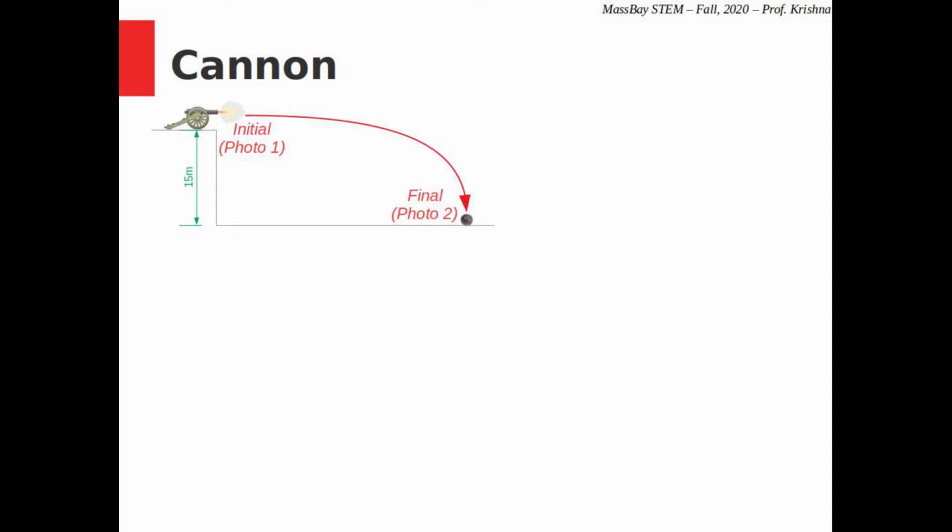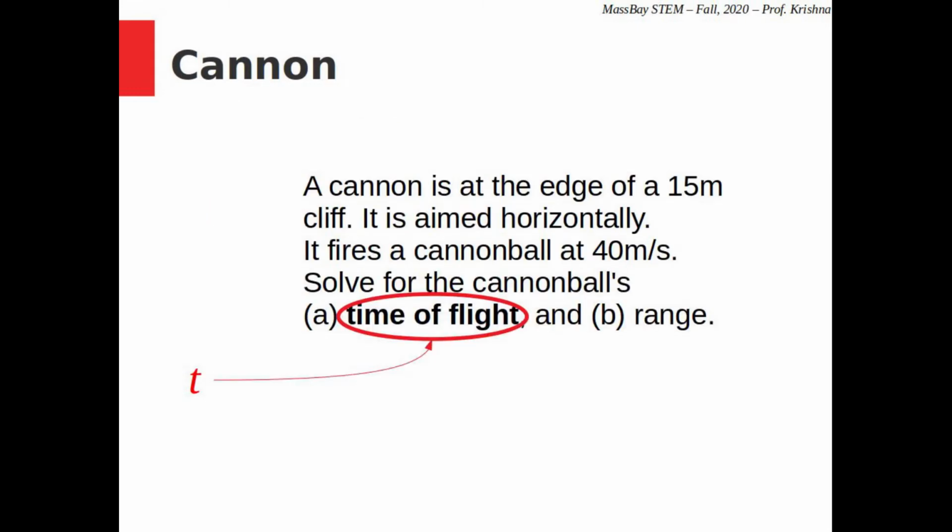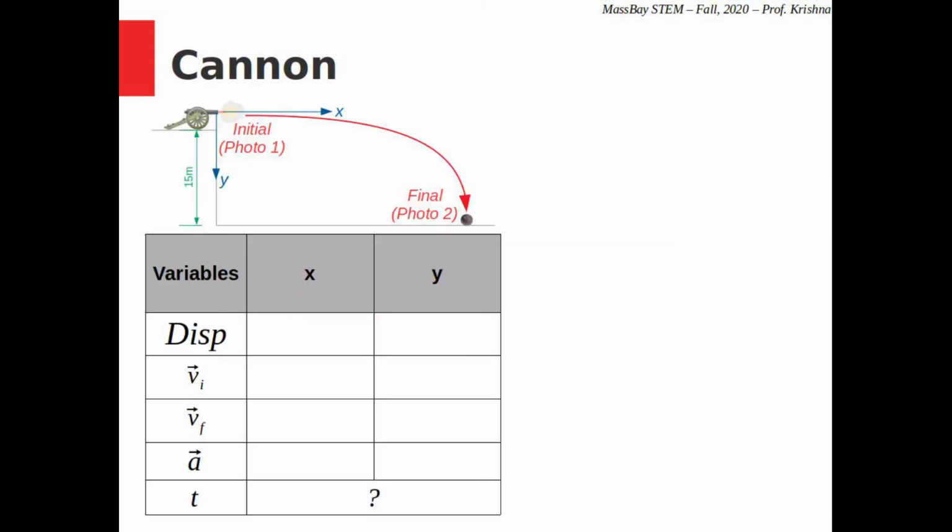Photo 1 will correspond to where the cannonball was launched and photo 2 to where it lands. We will set the origin as the launch point and the axes such that rightwards is positive x and downwards is positive y. We were asked for the time of flight, so the time is unknown.